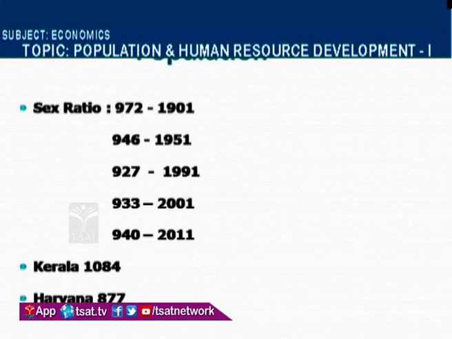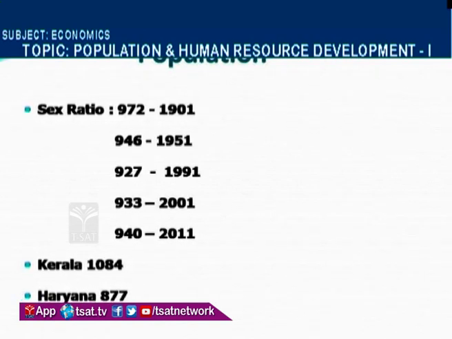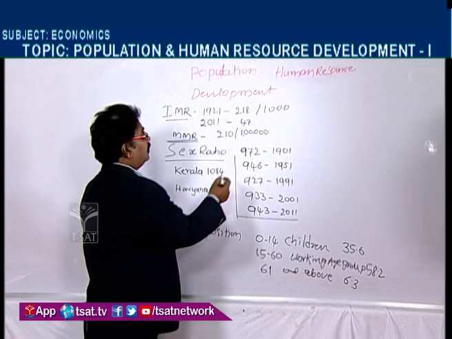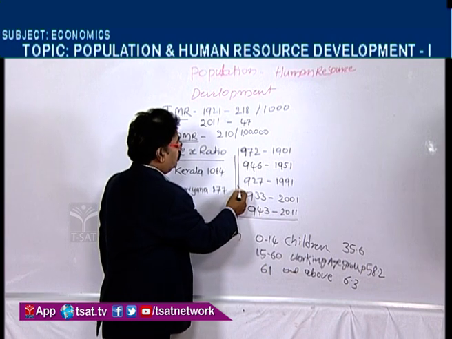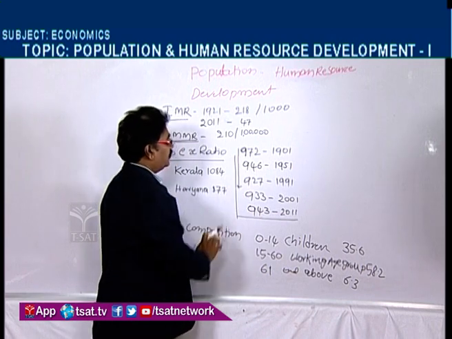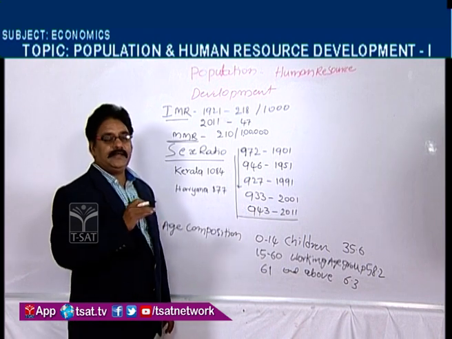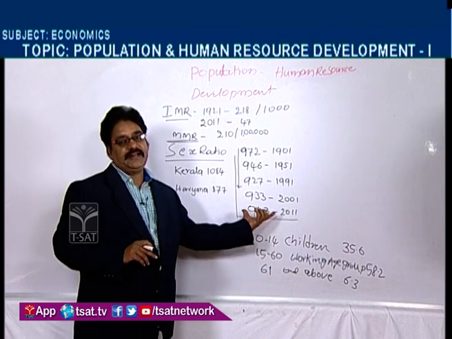Slowly it started increasing: 933 in 2001 and 943 in 2011. First this ratio declined up to 1991, and from 2000 onwards it slowly started increasing.